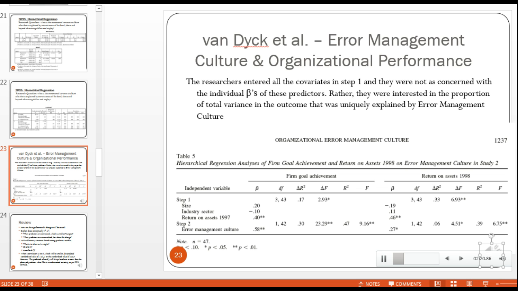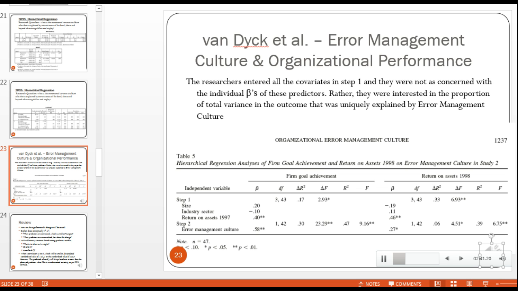Okay, so for this study, the authors were looking at error management culture and organizational performance. Error management culture is simply fostering an environment in a workplace in which errors are freely discussed and communicated. They're planned for, and when they happen, they're dealt with quickly and efficiently.